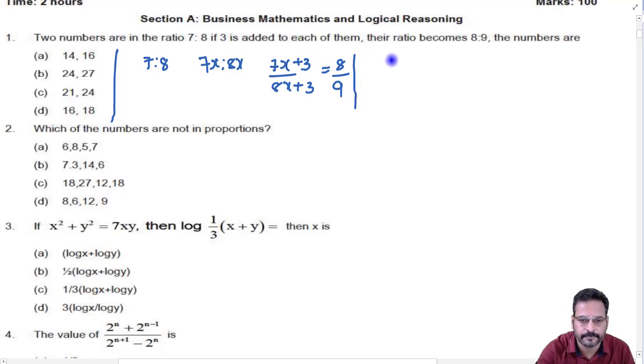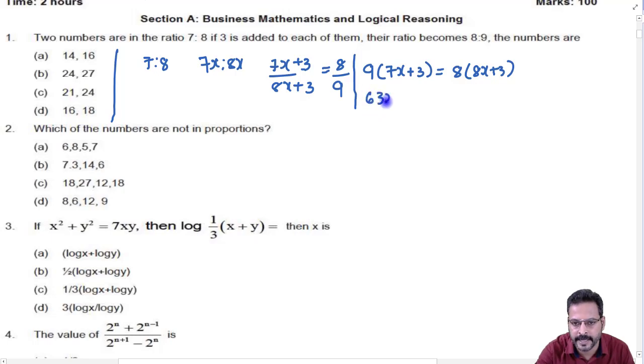So that means if we are cross multiplying, 9 into 7x plus 3 is equal to 8 into 8x plus 3. So that means 63x plus 27 is equal to 64x plus 24.